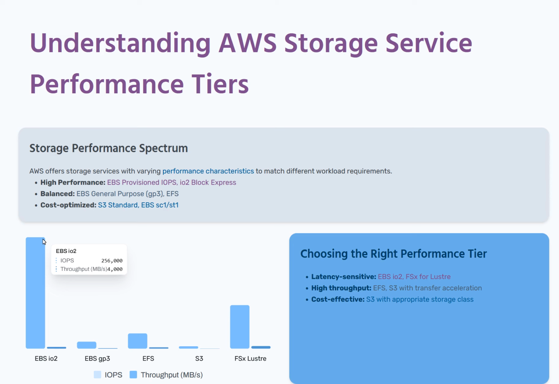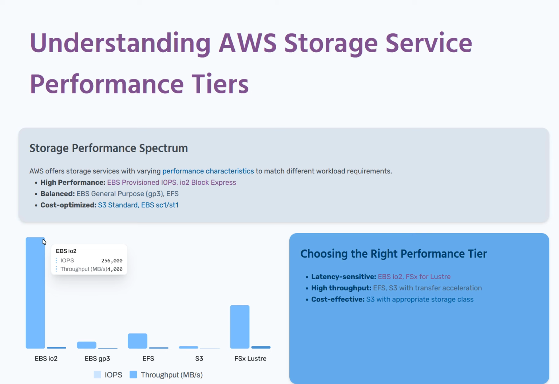Sometimes it will be asked in the exam. So you need something with 16,000 IOPS, which class is suitable? The highest class here is EBS IO2. You can go up to 256,000 IOPS, and the throughput is 4,000 megabits per second.